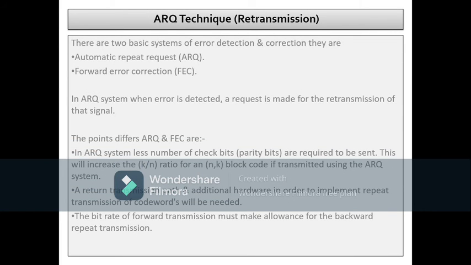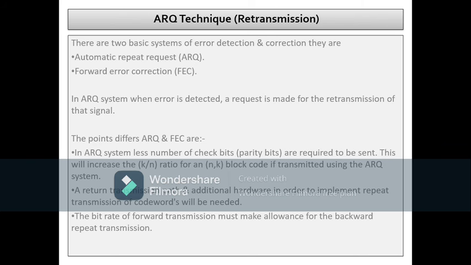ARQ techniques. There are two basic systems of error detection and correction: automatic repeat request and forward error correction. In an ARQ system, when an error is detected, a request is made for the retransmission of that signal.